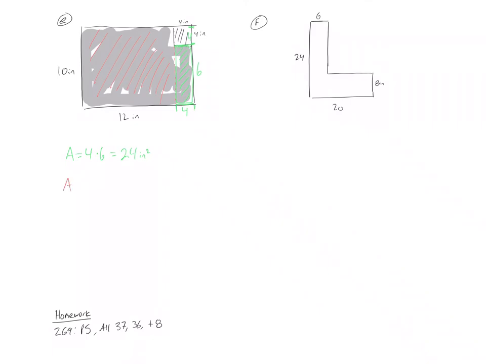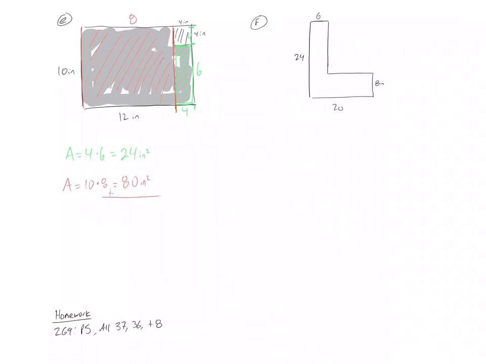Now to find the area of the red part, well, I know this length is 10, right? But this length in here is not 12 because it only goes to right here, right? So the whole length is 12, and I take away the 4, this length here would be 8. So it's going to be 10 times 8, which is equal to 80 inches squared.